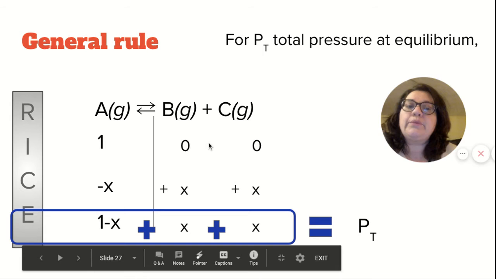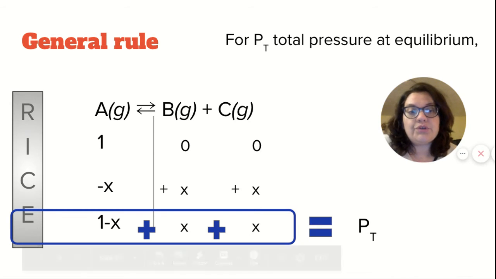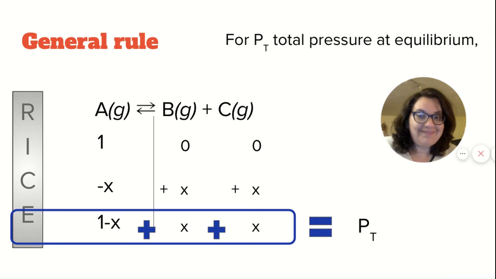These details aren't important, they can change. The important part here is that if you're given the total pressure, what you have is the sum of all of the partial pressures of the gases. So that usually serves as the equation that lets you solve for everything.